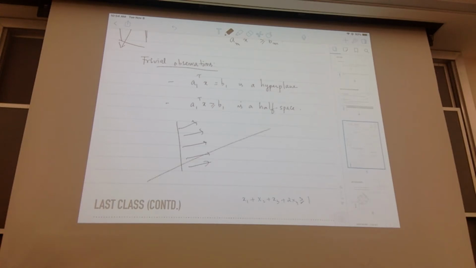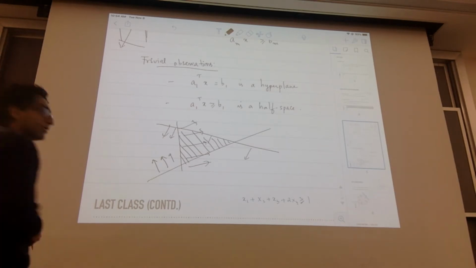Another half space was maybe all points on this side of the second line. Another half space was maybe everybody on this side of this. So then the feasible set would be this line. So the feasible set is just the set of all points that satisfy each of these half space constraints.